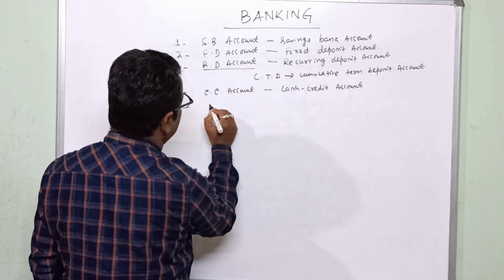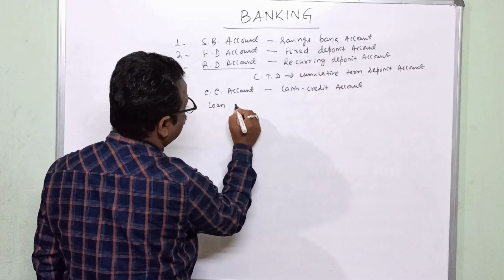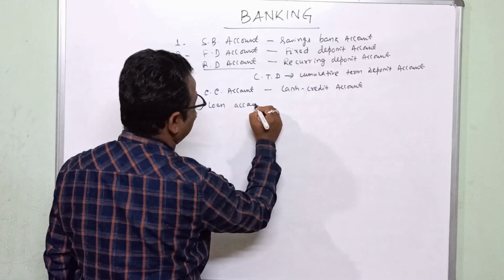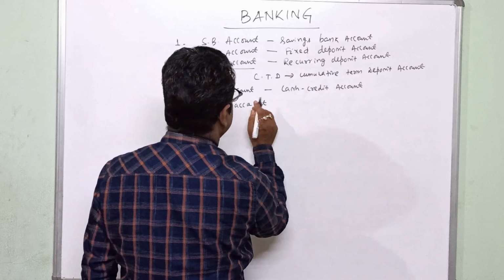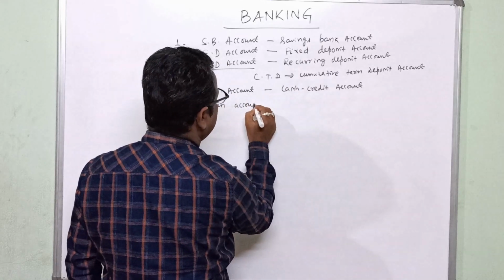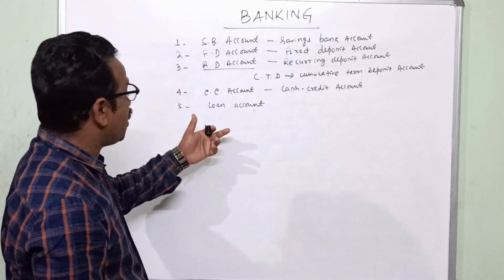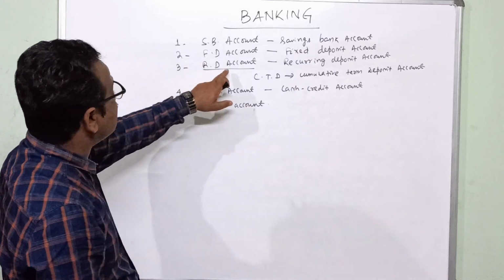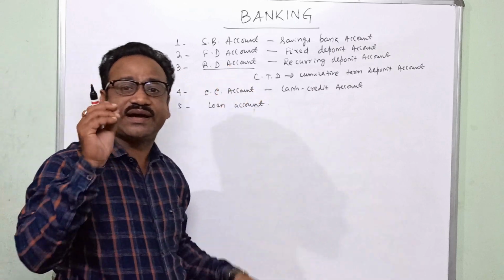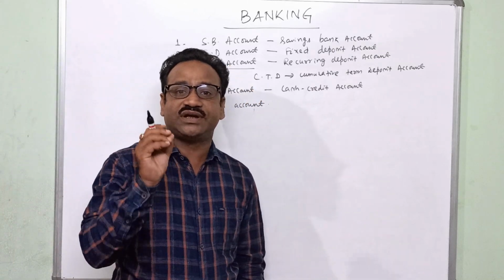Number 5, loan account. Now we will discuss in detail the RD account, recurring deposit account.